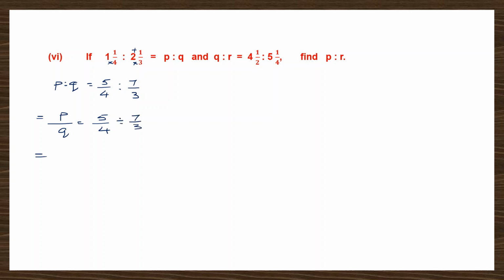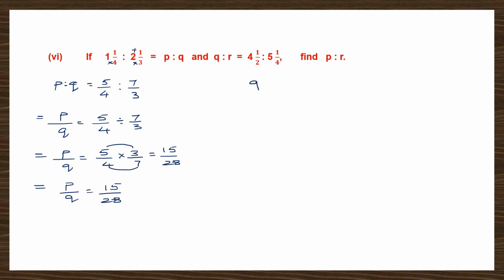So again, P by Q is equal to 5 by 4 into 3 by 7, the reciprocal. So this is equal to 5 into 3 is 15 and 4 into 7 is 28. So we have found the value of P by Q, which is equal to 15 by 28. We have simplified it. Now let's go to the other side.